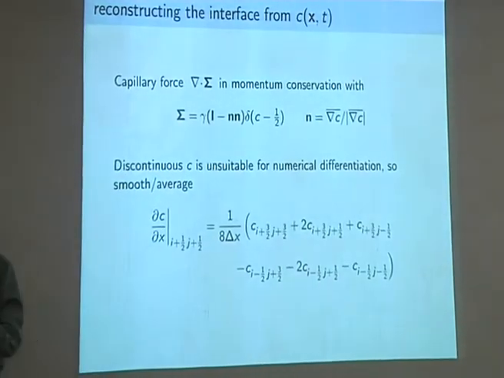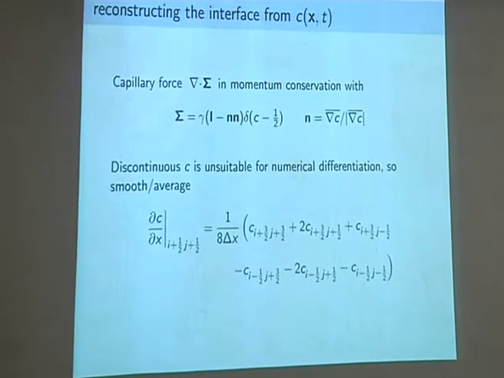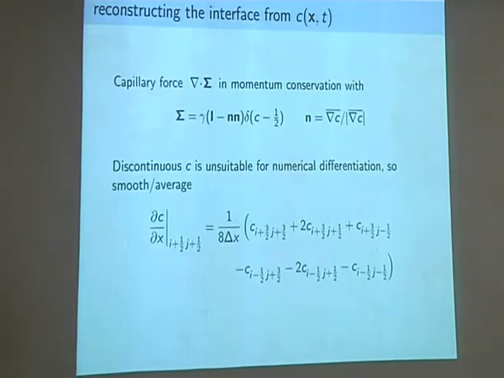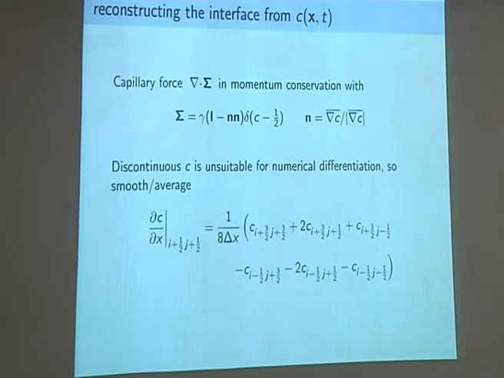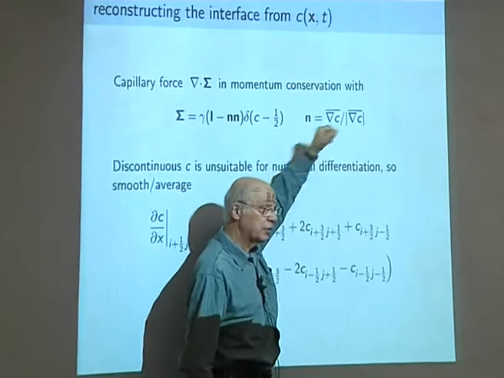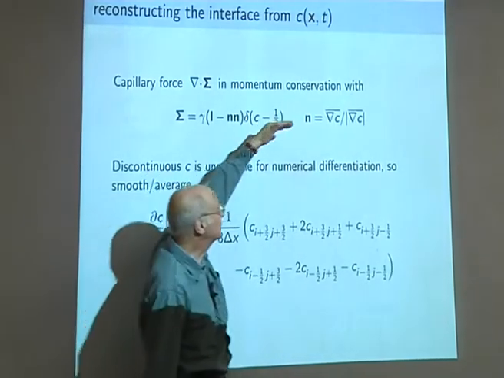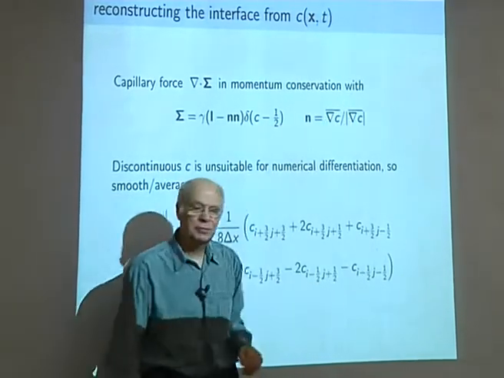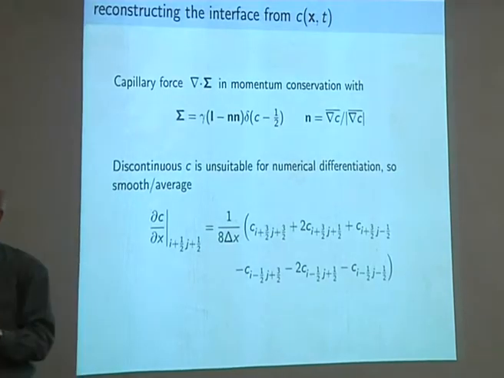Well, you want a numerical version of a delta function, something whose integral is 1 and is concentrated around where c is a half. The normal is in the direction of the gradient of c, and it's an averaged value. Because it's so discontinuous, we want to average it.